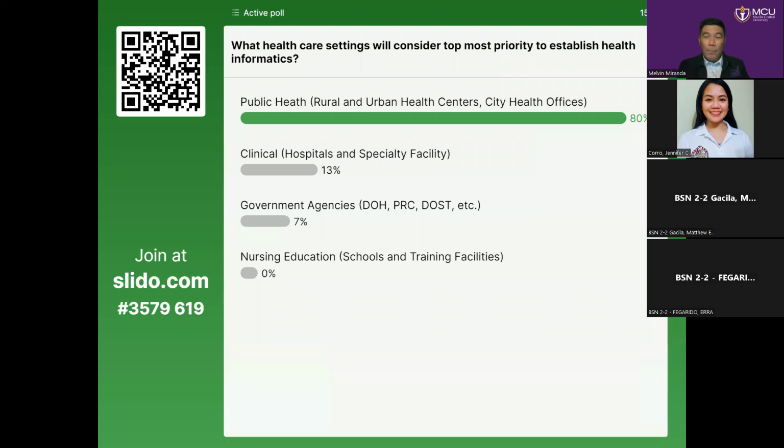But if you will be in the position, if you will be given the authority to allocate funds, which of the following will you consider as a priority establishment to fund for health informatics?